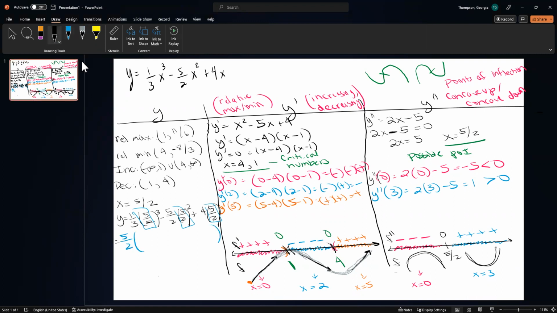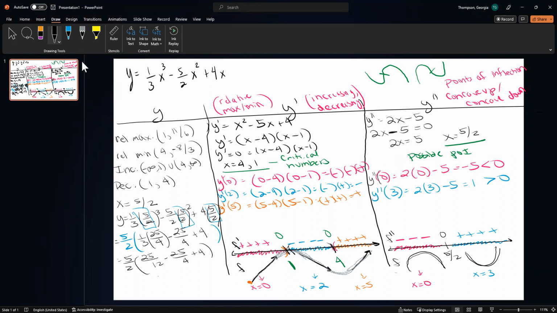And then we have 1/3 times 25/4, because we had 5/2 squared, minus, again, 25/4 because we had a 5/2 squared left there, plus 4. So we have 25 over 12 minus 25 over 4 plus 4.